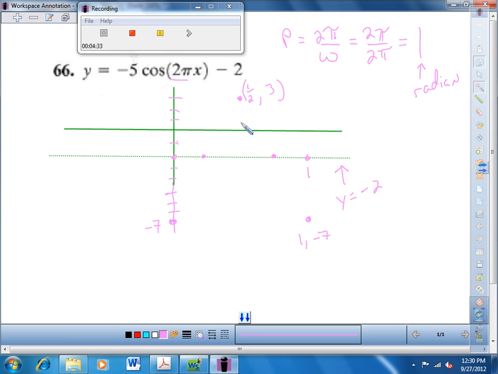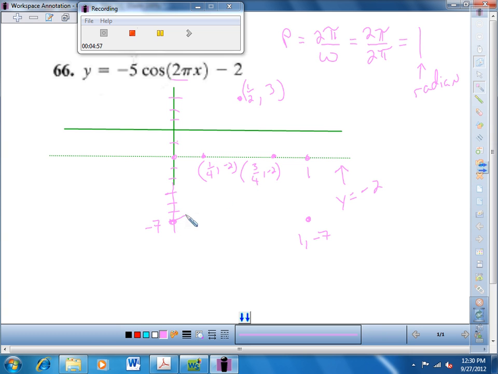And this would be the point 1/4, comma -2. And this over here would be the point what? 3/4, comma -2. So when they say graph using the 5 key points, that's what they mean.